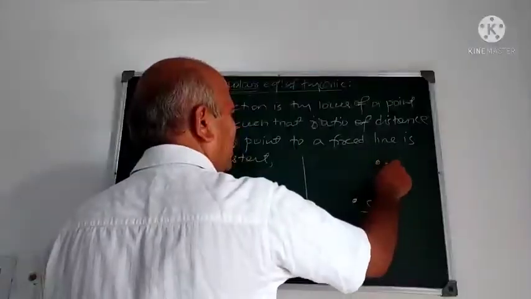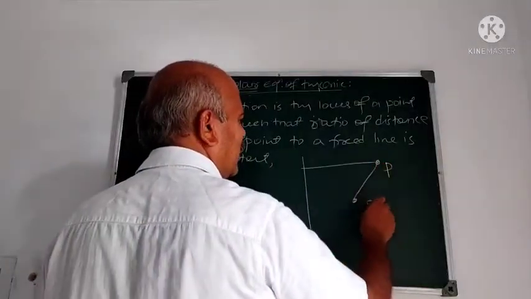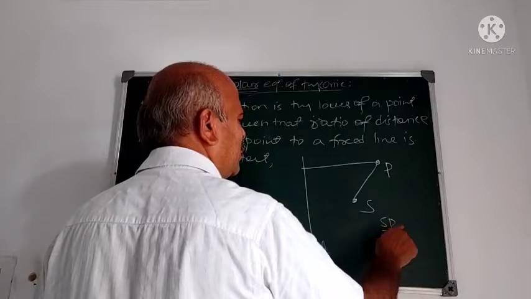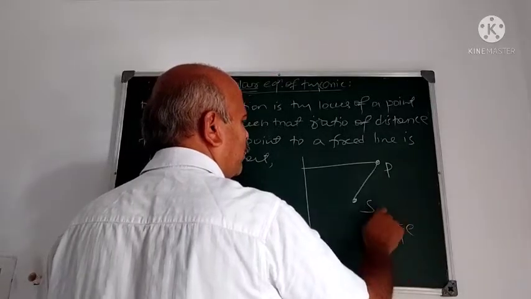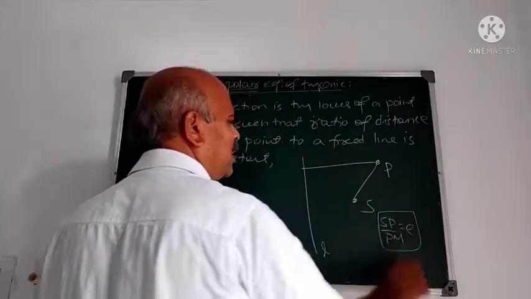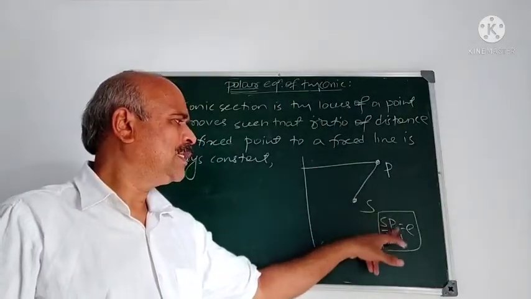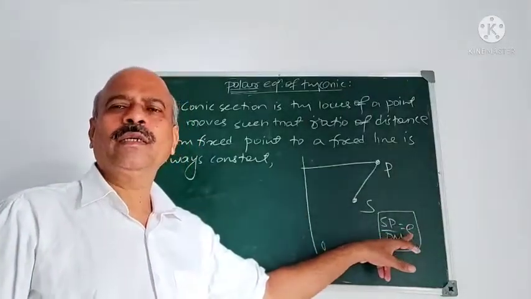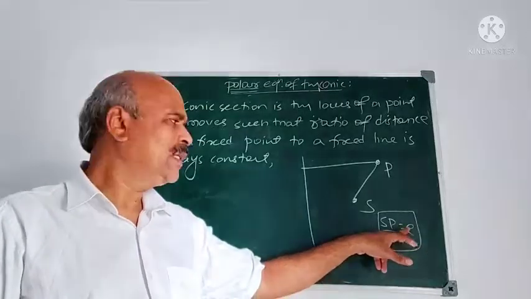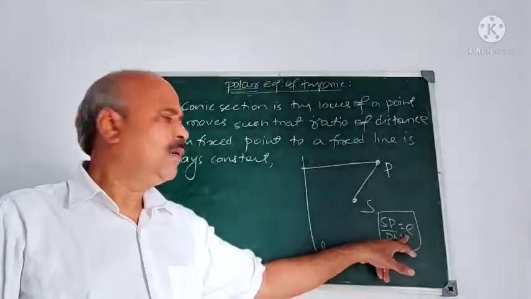Suppose this is the point P and join this. SP by PM is always constant. Suppose it is denoted by E. Suppose this is always fixed. Here SP by PM is less than 1. Suppose it is equal to 0.3. Less than 1 it is.